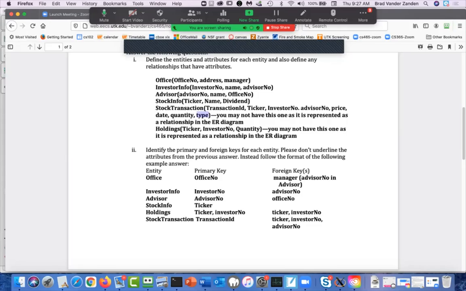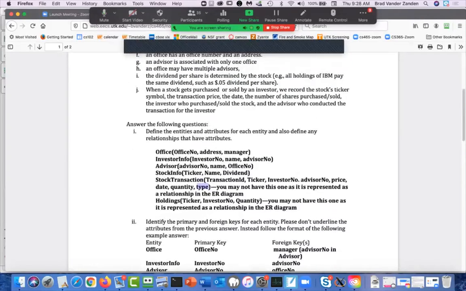And this is where, when you've written down this kind of information, sometimes it helps clarify things for you. So here it says when a stock gets purchased, you record all this information, and you put all that information into this particular entity.